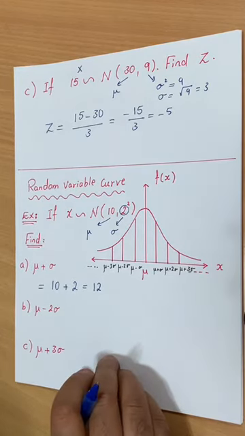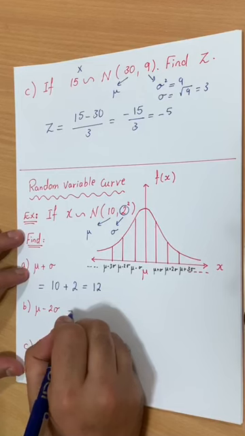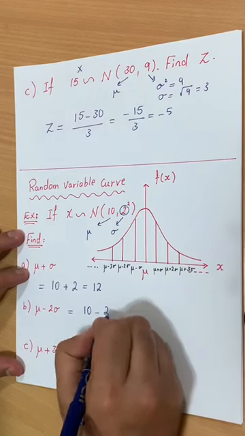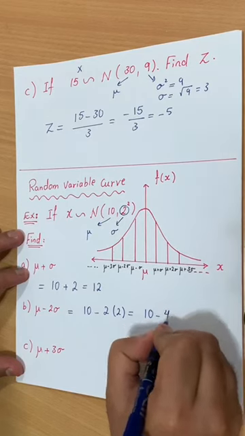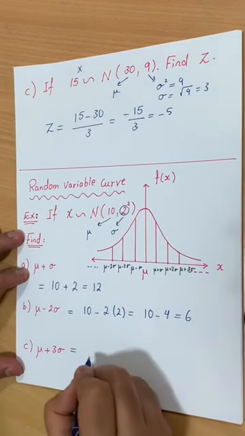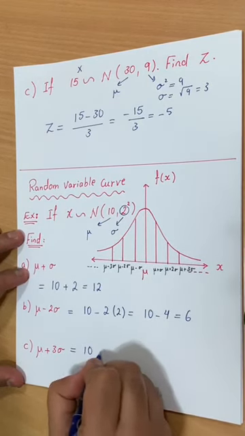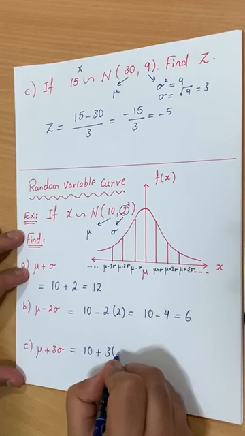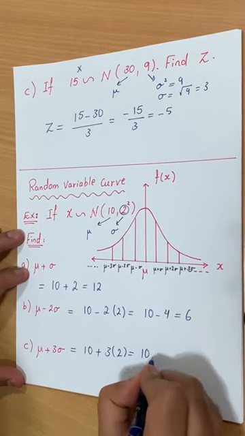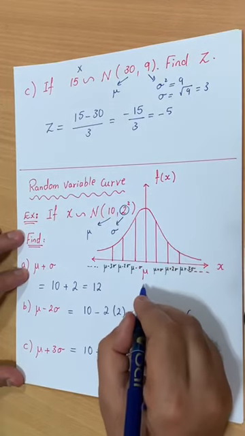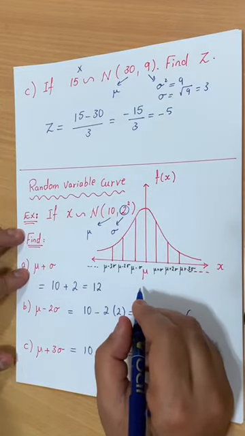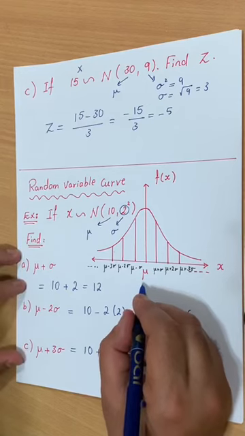Mu minus 2 sigma is equal to 10 minus 2 times 2, which is 10 minus 4 equals 6. Mu plus 3 sigma is 10 plus 3 times 2, which is 10 plus 6, so it's equal to 16. The value in the middle is mu, which is the mean, which is represented in Z as 0.